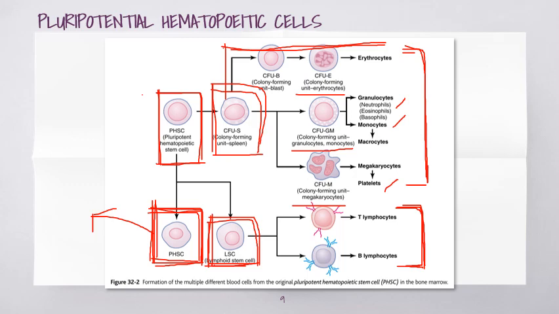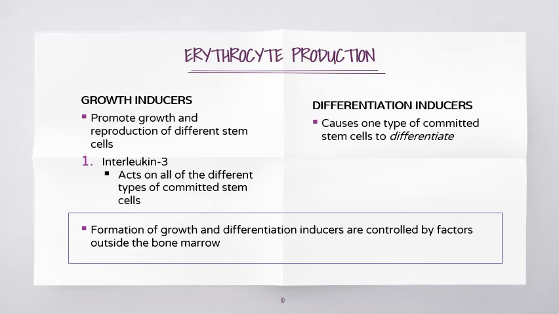So that's the concept of our pluripotential hematopoietic cells. Their production is regulated by two main inducers, growth inducers and differentiation inducers. So please take note that they are different. Growth inducers promote the growth, the reproduction of each of the stem cells.